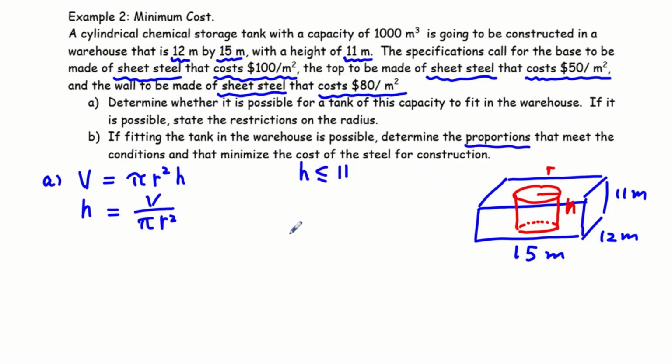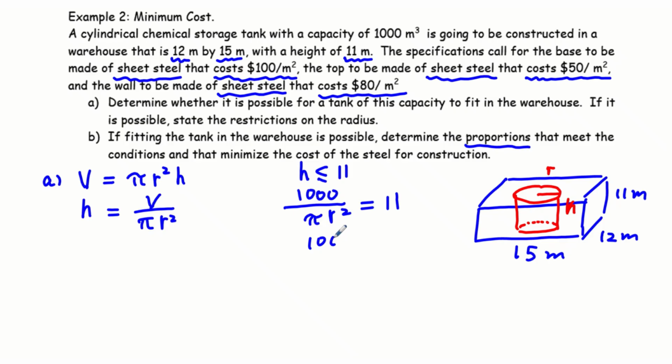And from here we are able to find out 1,000 divided by pi r squared equals 11. Then we want to find the r. We move the r squared to the other side.